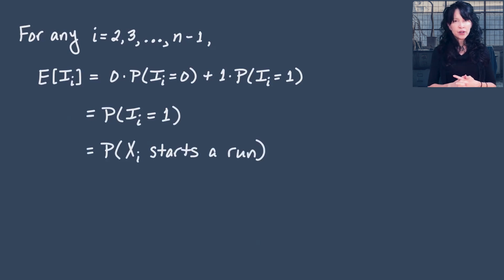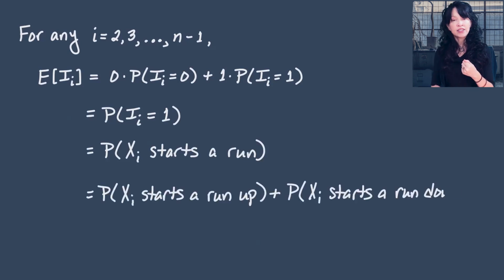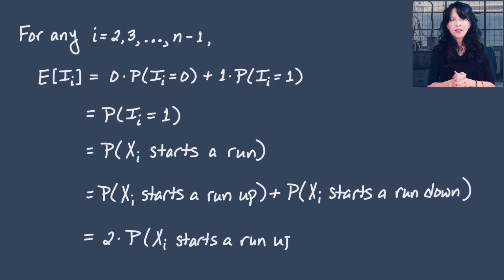If it's starting a run, it's either up or down and can't be both. Those are disjoint events. So I can break this into a sum of the probability that capital X sub i is starting a run up plus the probability it's starting a run down. I claim these are equal. So this would be then 2 times one of these. And if you believe this, great.